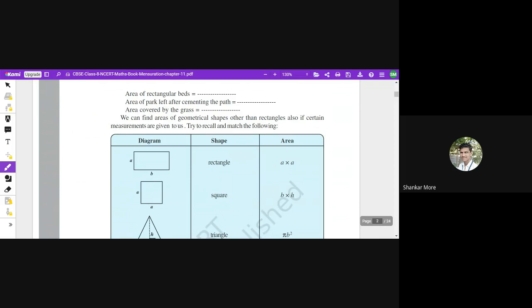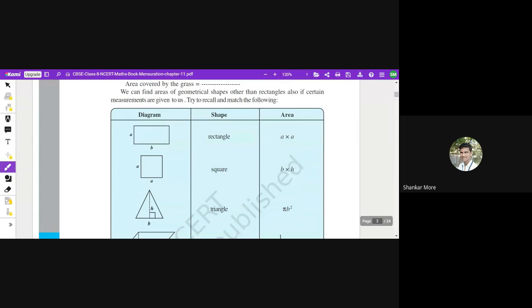Now we are going to revise few of the formulas for area। So rectangle का जो area है, so it should be okay। What we have to do here, we can find areas of geometrical shapes other than rectangular also.